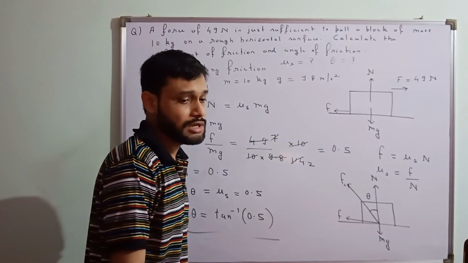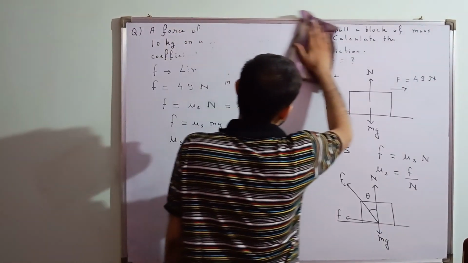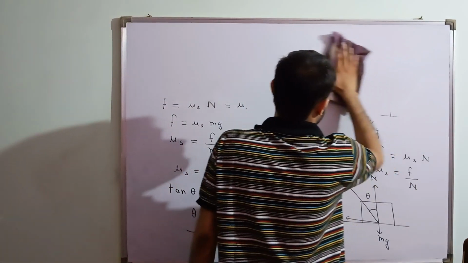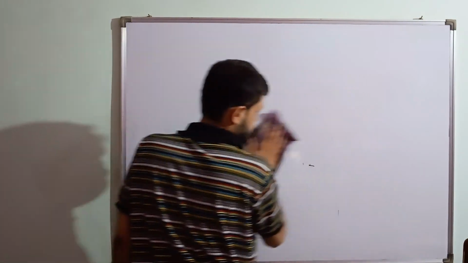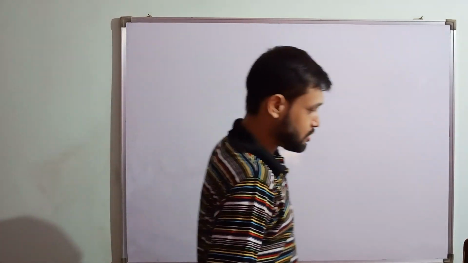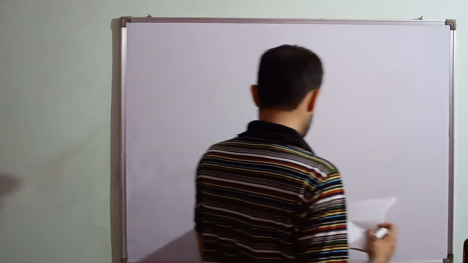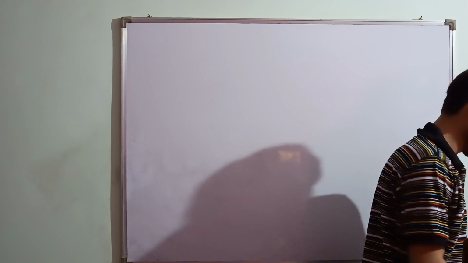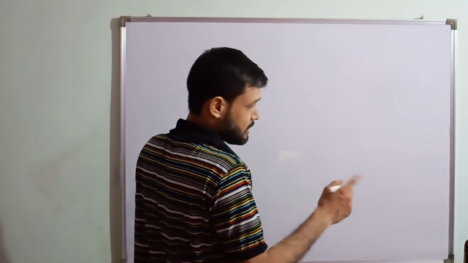So, shall we move to the next question now? Yes, sir. Okay, I'm moving to the next question and let's see what we can do in this. So now the next question. Let's say the mass of A and B are 10 kg and 5 kg respectively. Let's write that question. There is a diagram also.